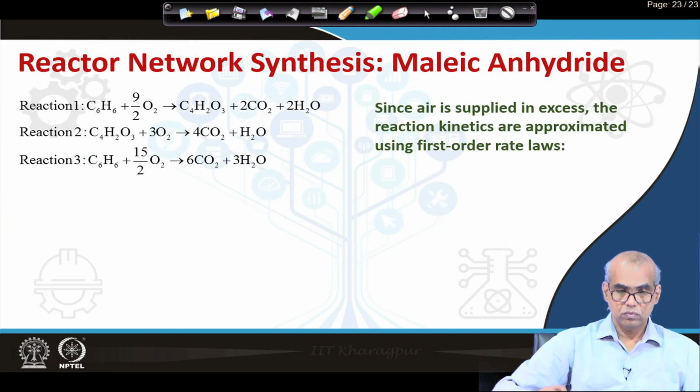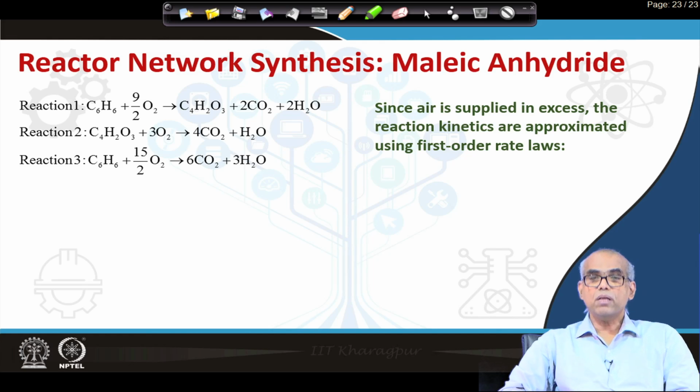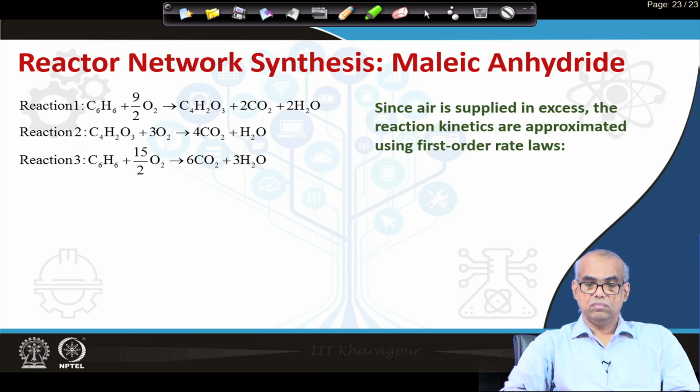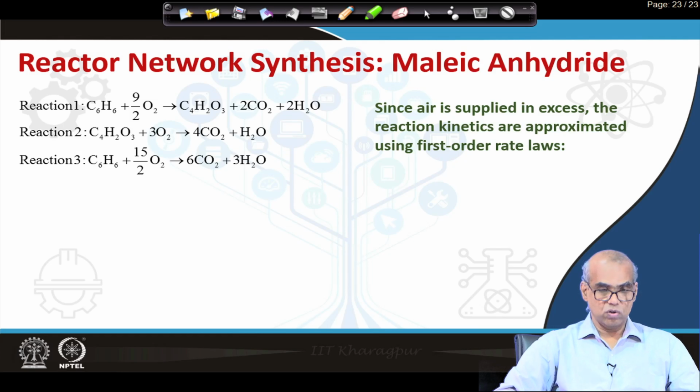Now, air is supplied in excess. So, this reaction scheme can be approximated using first order rate laws.